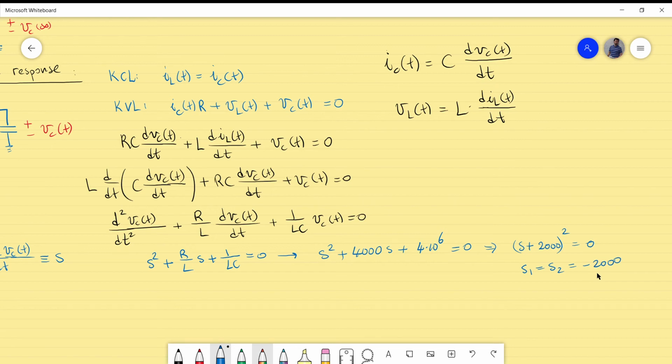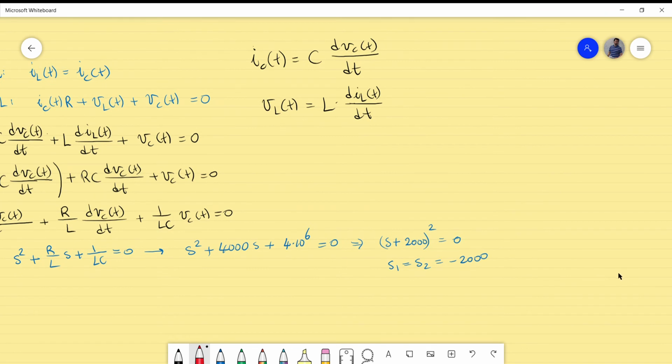And this will bring us to one of the response types of the second order system, because the second order system can have different responses, like the critically damped, overdamped, underdamped, and undamped. Now the critically damped situation is what we have now. If you have two solutions which coincide, which are exactly the same, then we have a critically damped response. So this is actually a critically damped response.